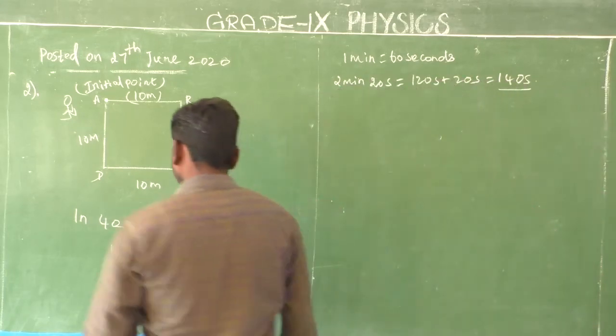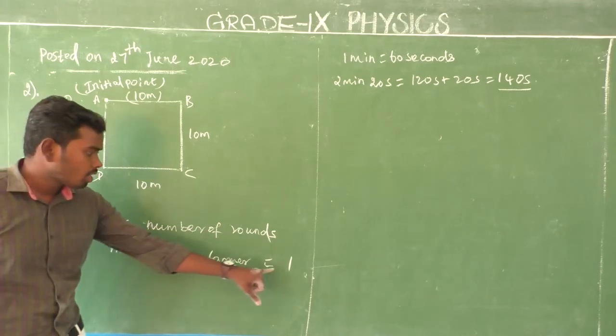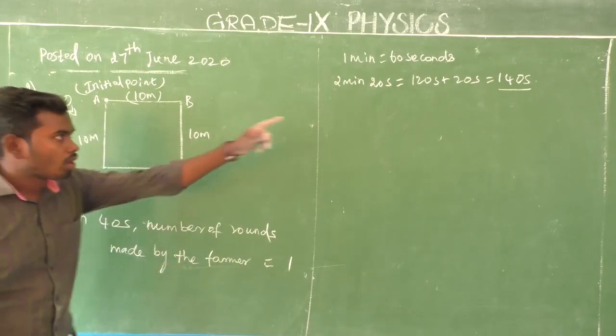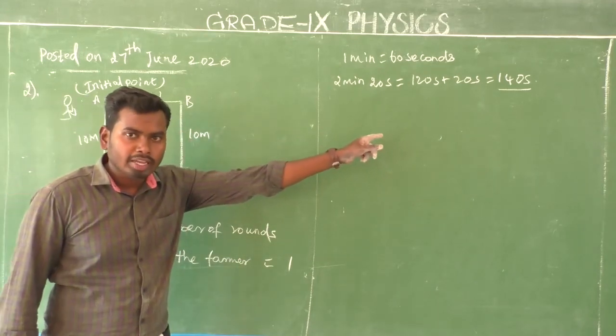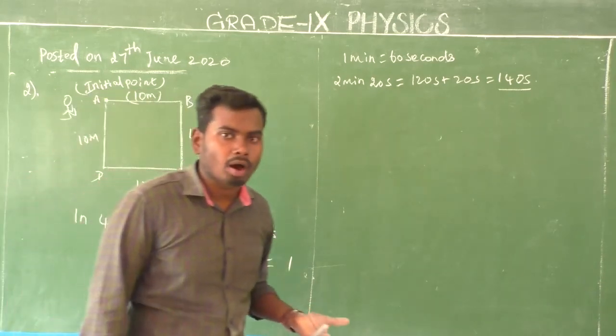In 1 second, the number of rounds made by the farmer is 1. In 140 seconds, the number of cycles, which means the number of rounds made by the farmer, how much?